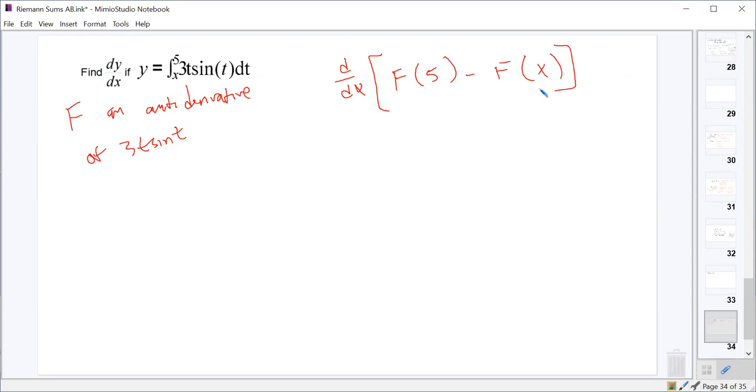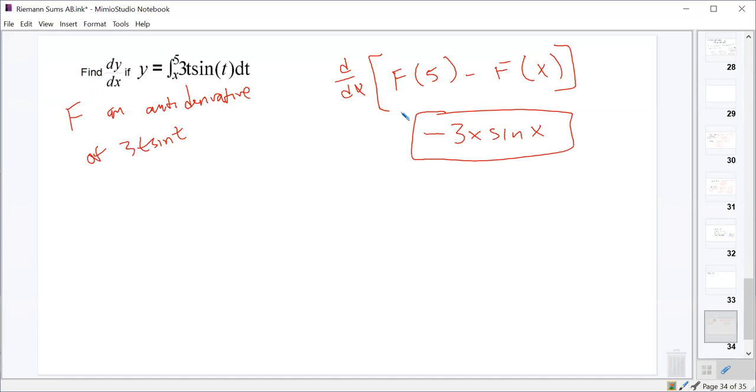And that'd be a perfectly acceptable way to do this. What's the derivative of capital F of 5? 0. And so then we should just end up with the derivative of negative capital F of x, which ought to be negative 3x sine x. Right? Everybody good there?